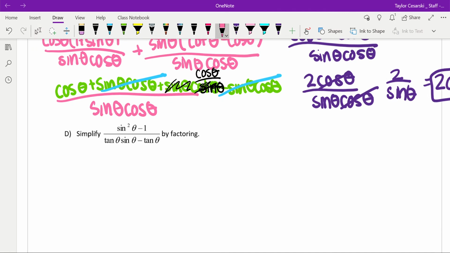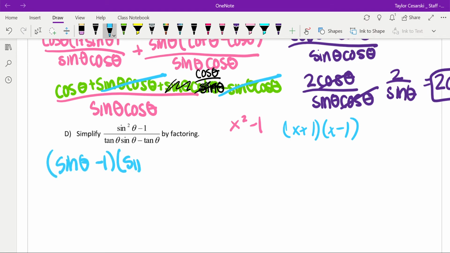Here I have sine squared minus 1. Think about that as x squared minus 1. How would you factor that? It would be x plus 1 and x minus 1, but the x is really just sine of theta. So it's going to be sine of theta minus 1, sine of theta plus 1. On the bottom, you have a GCF.